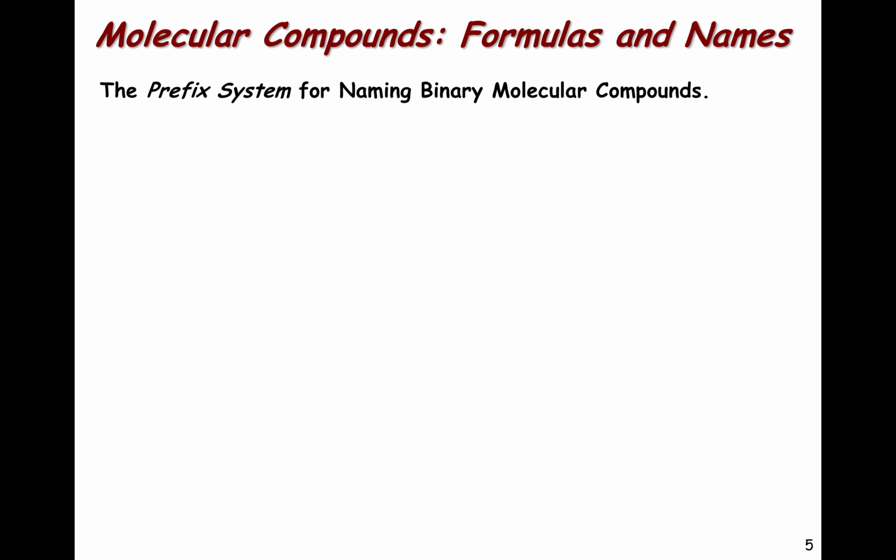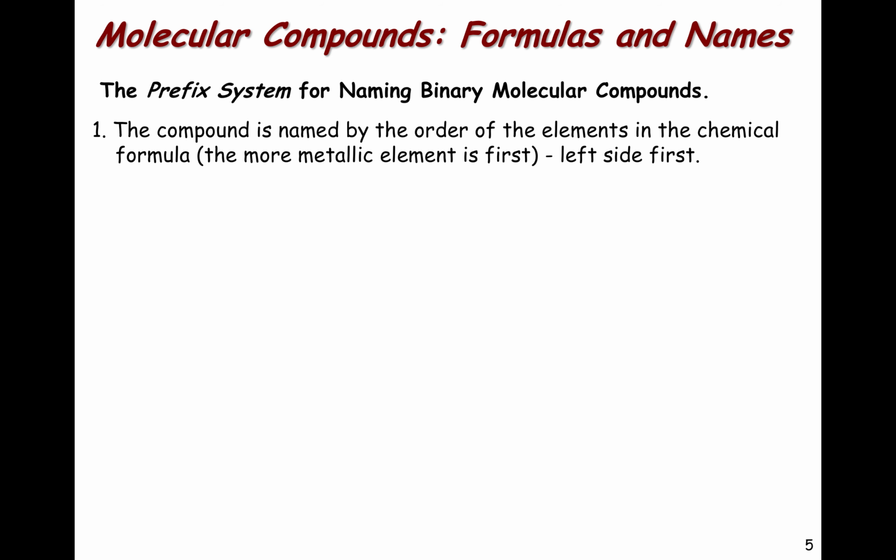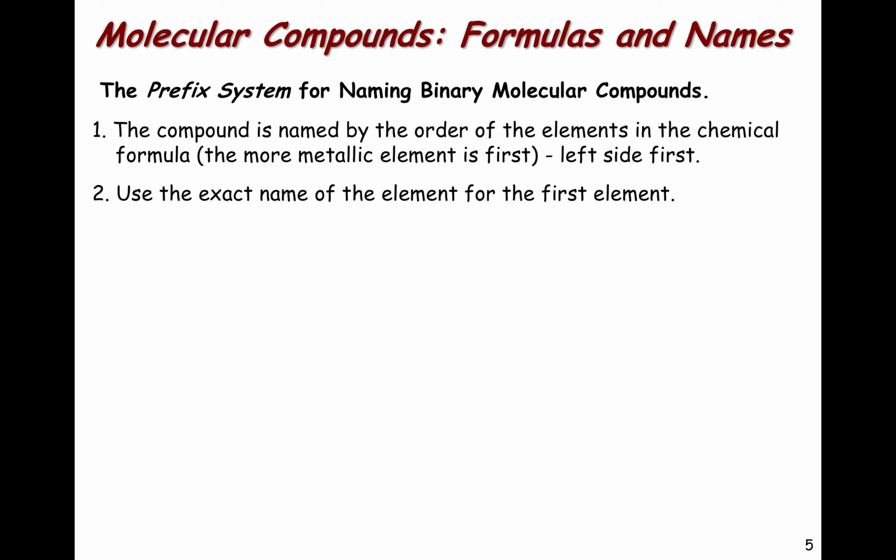At this point, we want to discuss the naming of molecular compounds, which are generally comprised of all nonmetals in the formula. In general, we will be naming the elements in the order that they appear in the formula from left to right. And in addition to that, we will somehow have to indicate the number of atoms within the formula for each of these elements. So for the first element in the formula, we're going to use that element's name.